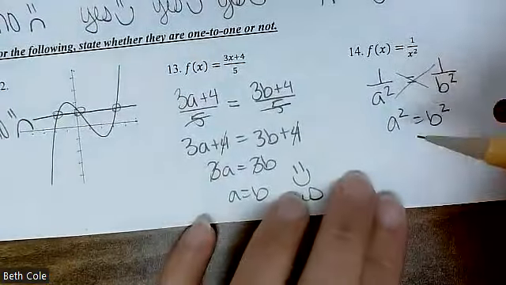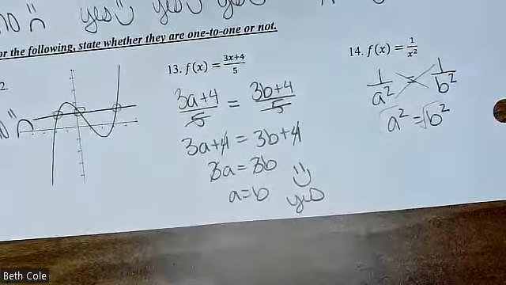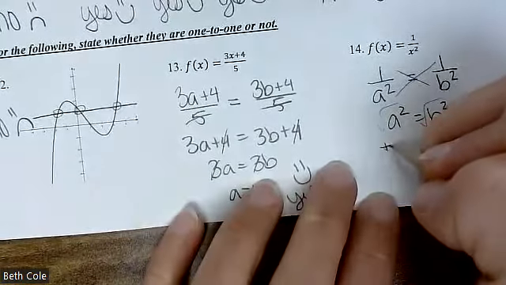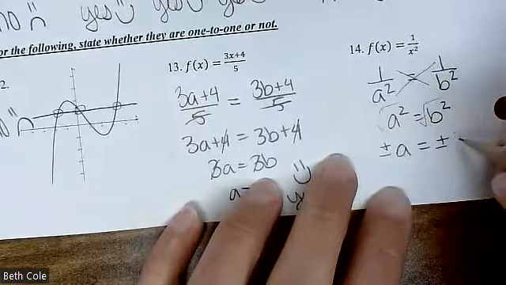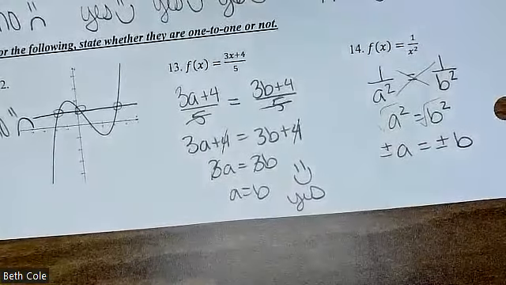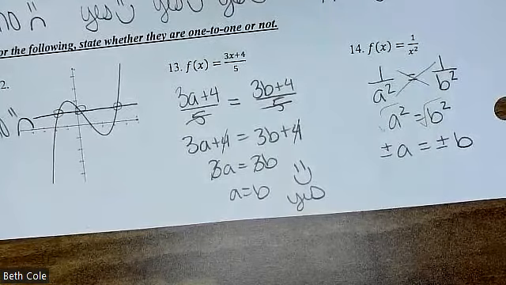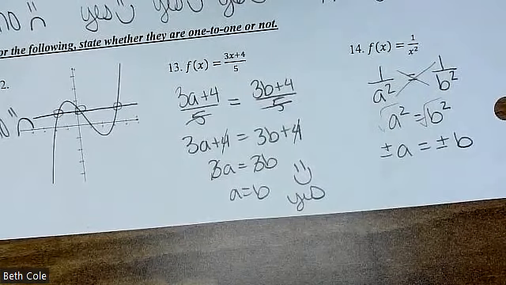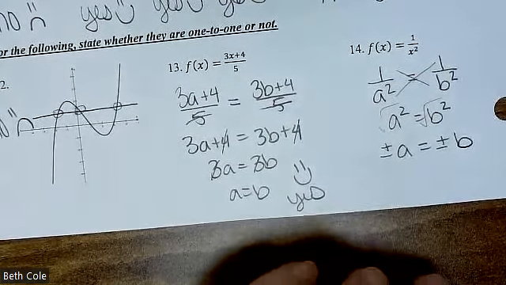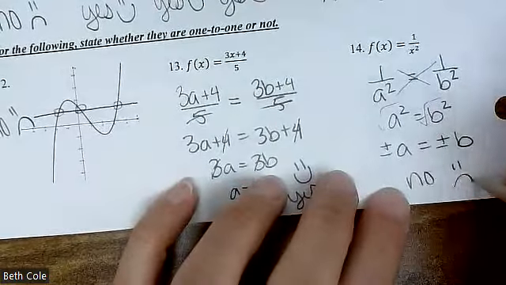And then what would you do? Okay, when you take a square root, you have to put plus and minus, so you get plus and minus A equals plus and minus B. Why does that not mean the exact same thing as A equals B? Yeah, good. You could have negative A, positive B, or negative B, positive A, so that fails.